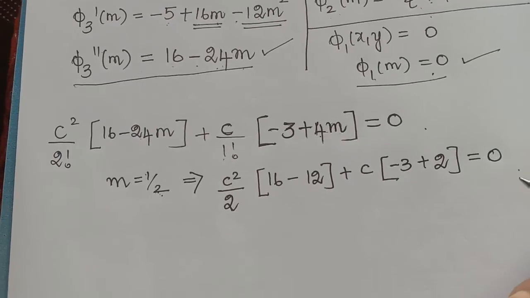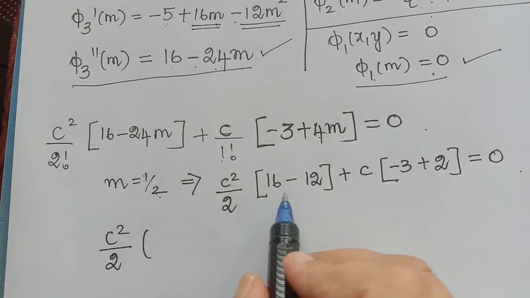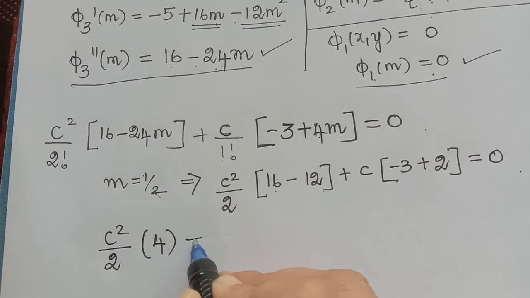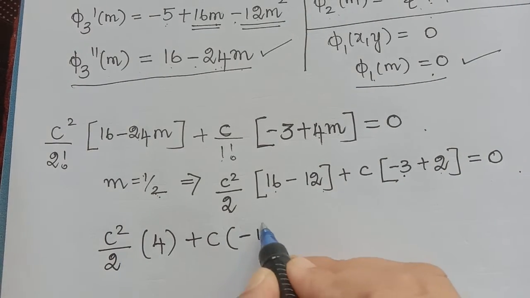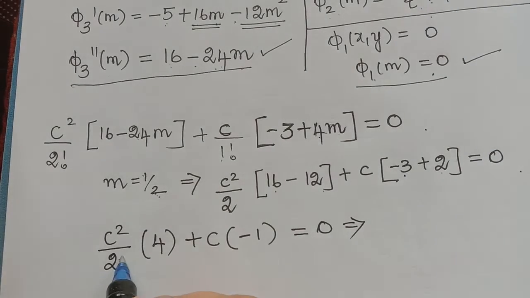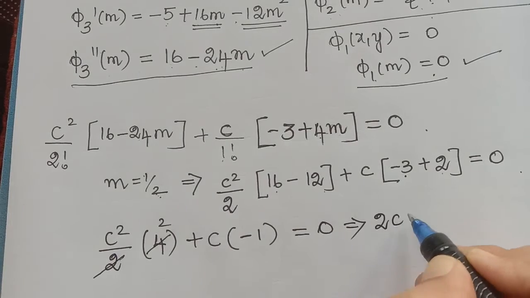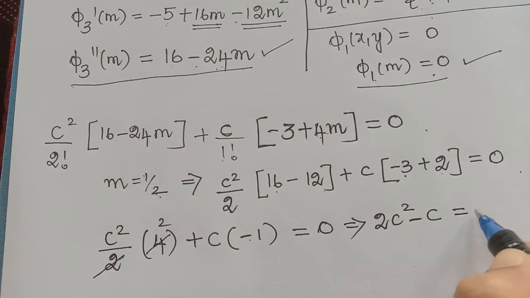And so finally this becomes c squared by 2 multiplied with 16 minus 12, which is 4, plus c multiplied with minus 3 plus 2, which is minus 1, equal to 0. So this 2 and this 4 get cancelled, giving 2c squared, and plus into minus is minus c, equal to 0.